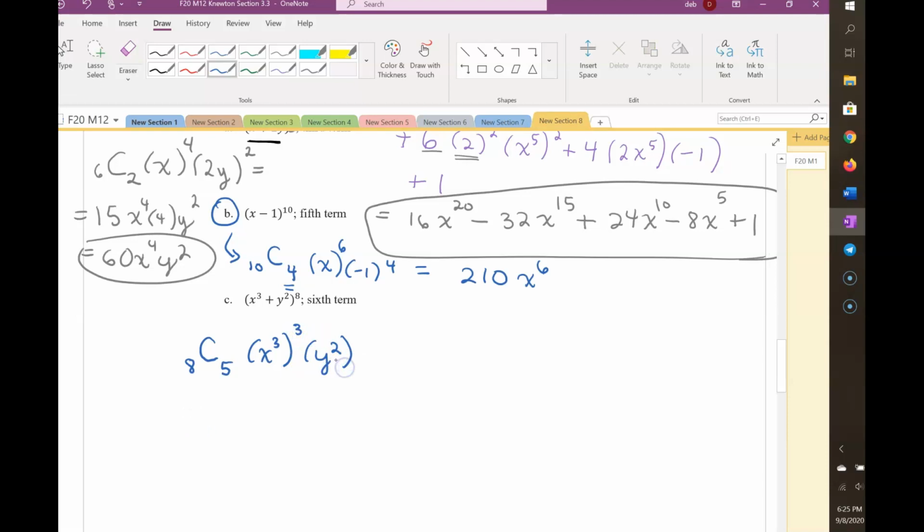And the y squared must be to the power of the 5, because the exponents need to add up to 8. Okay, so let's see what 8 choose 5 is. I'm getting 56. Then it's x to the 9th, y to the 10th. So make sure and ask if you have questions about this. This is an important concept and topic, so I want to make sure that you're clear about it.